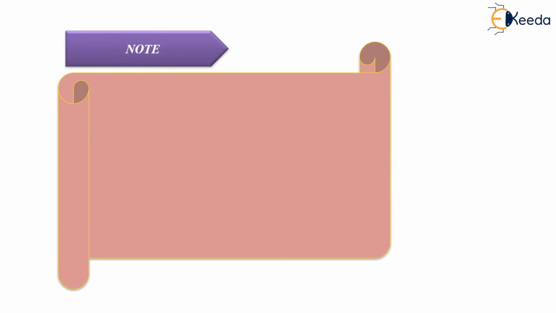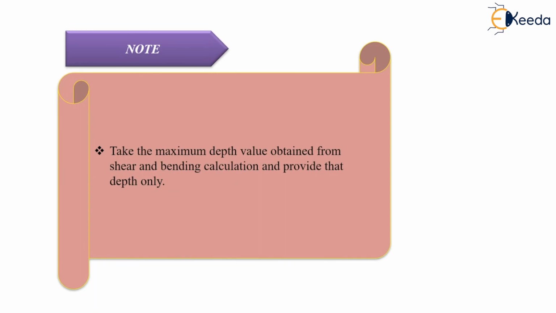One we have calculated from one-way shear criteria. Second, we have calculated from two-way shear criteria or punching shear criteria. And third value we have calculated here from bending moment criteria. Note that we have to take the maximum depth value obtained from shear and bending calculation, and we have to provide that depth only.